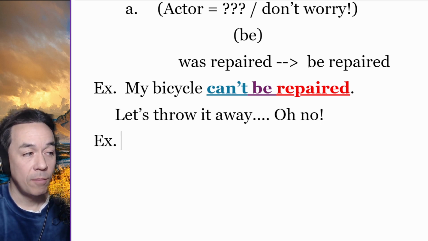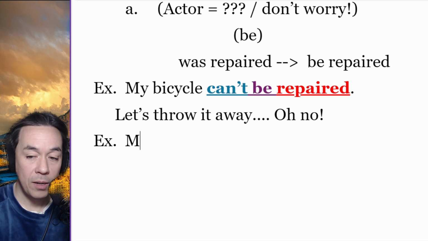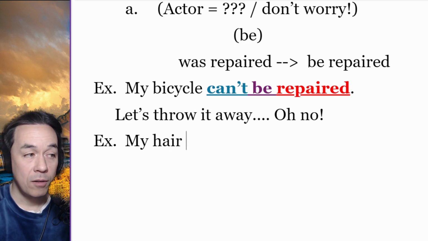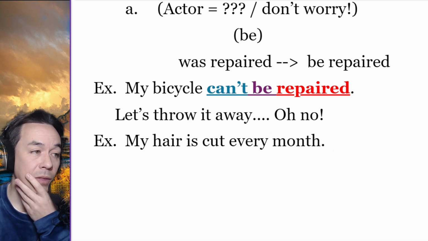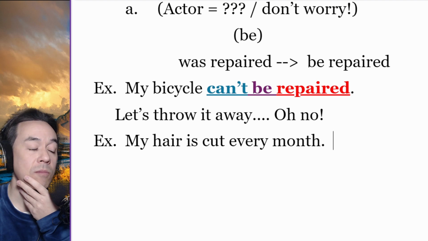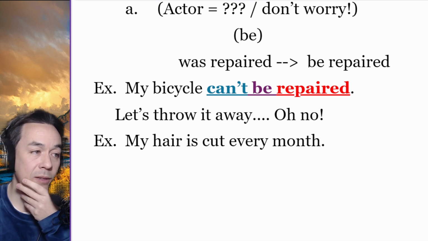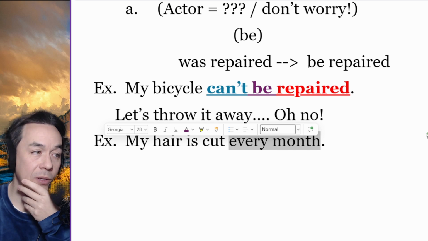Okay, let's do more. So I've got my hair is cut every month. Okay, so this is the passive style in the present tense. So every month, it's regular, it's normal.